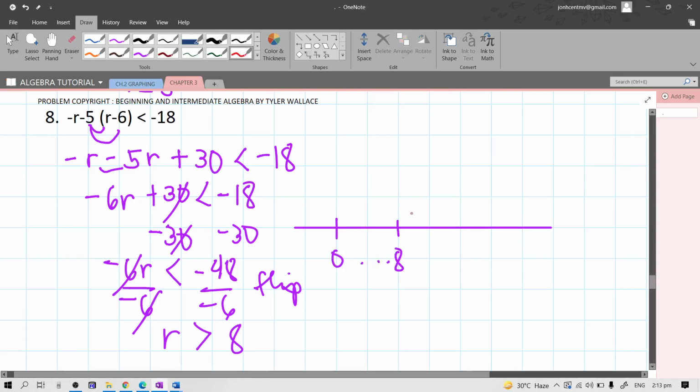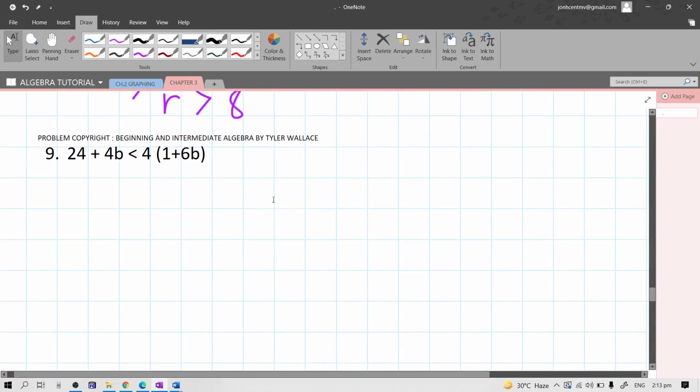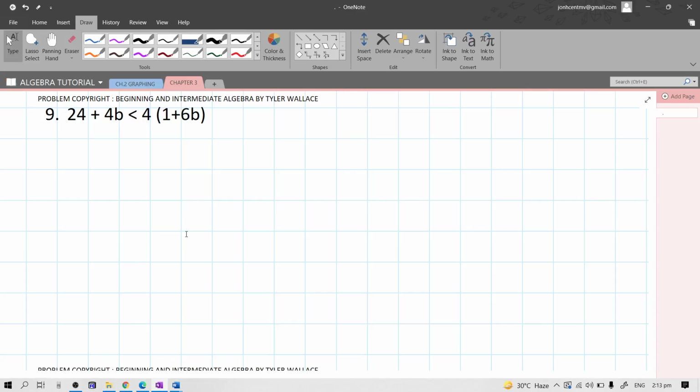So use parentheses. Okay? And you will have an interval notation of 8 to positive infinity. Okay? Next, for problem number 9, we have 24 plus 4b is less than 4 quantity 1 plus 6b.